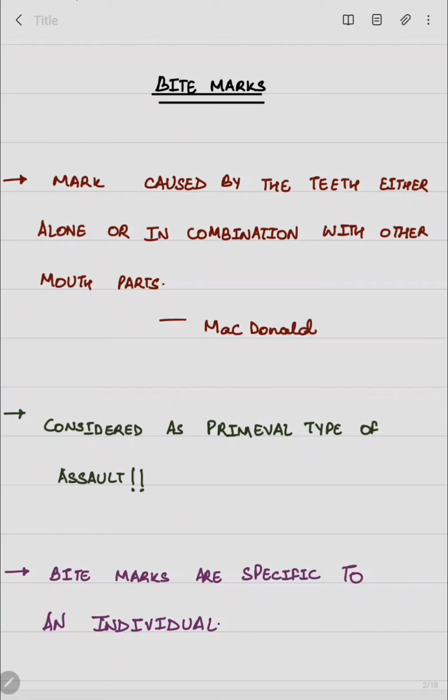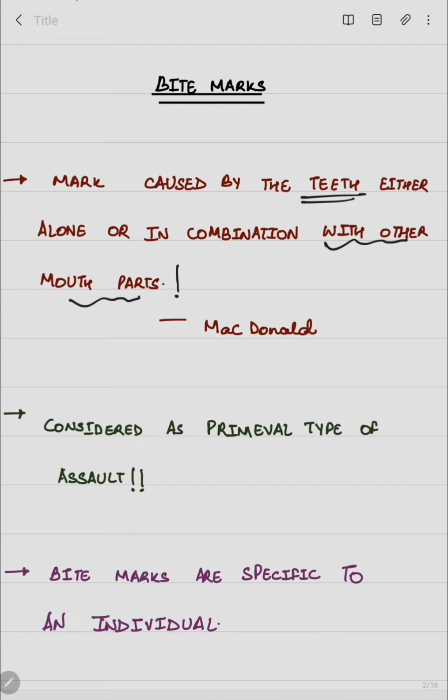So the first topic is bite marks. Bite marks are the marks that are caused by the teeth either alone or in combination with other mouth parts, such as the tongue, etc. This definition was given by Macdonald. Bite marks or biting is usually associated with fights or child abuse or sex crimes, right?